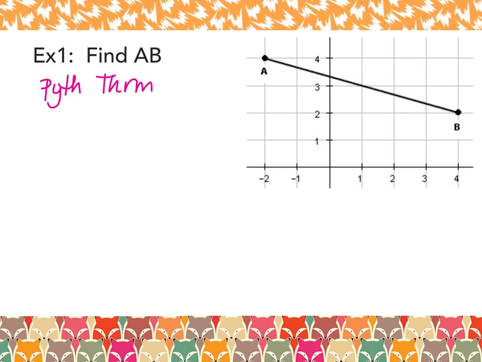But what we can do is make this into a right triangle. So let's connect A to B or B to A with a horizontal and a vertical segment. It doesn't matter if you do it right there, you could also connect it over here.